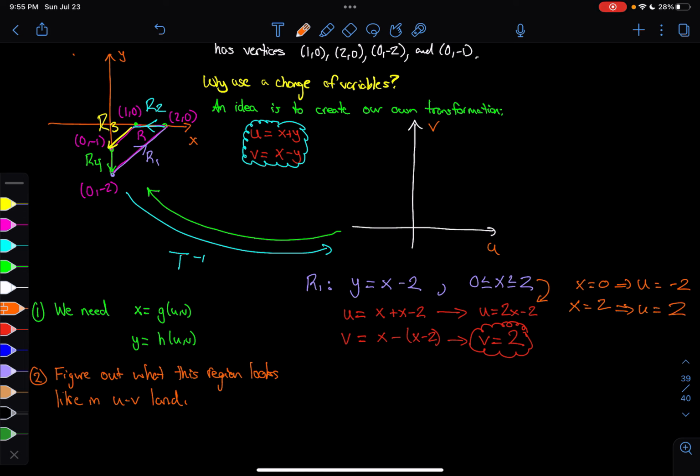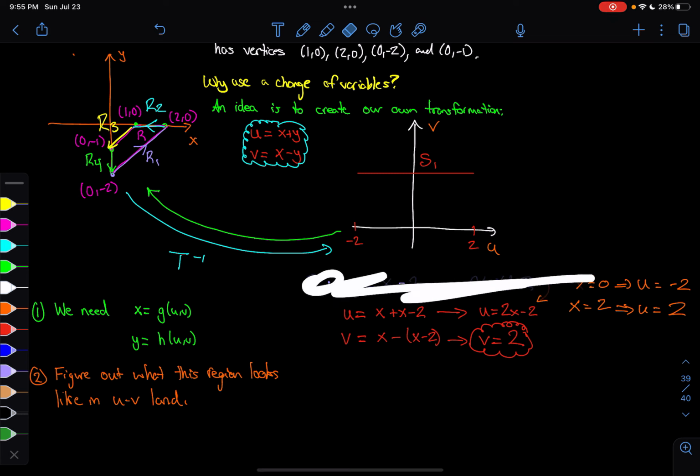So this is going to give us the line v is equal to 2 from u is equal to -2, right here, to u is equal to +2. Okay, so I'll call it S1, right? This is the transformation of R1 into our UV land.